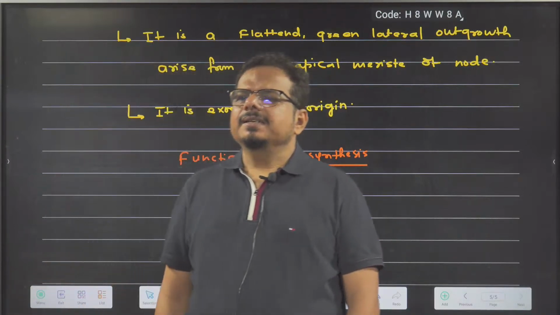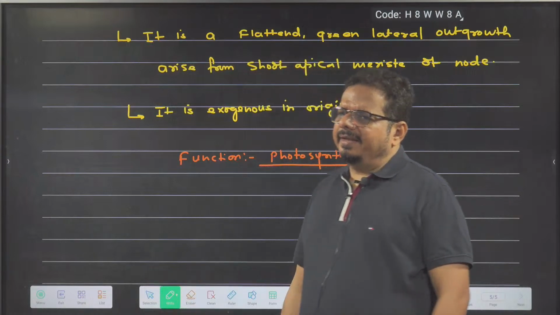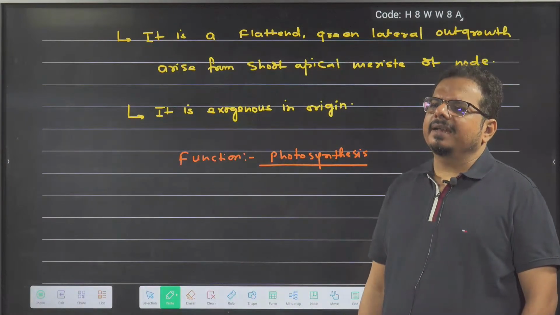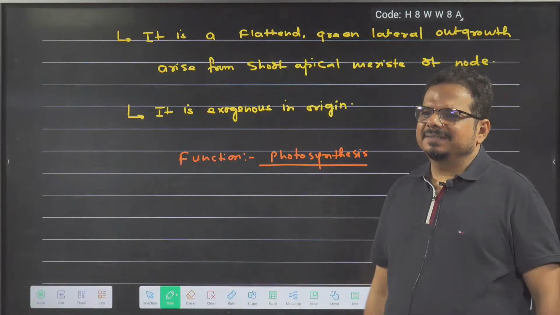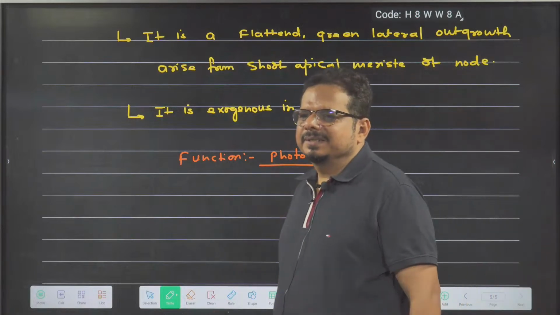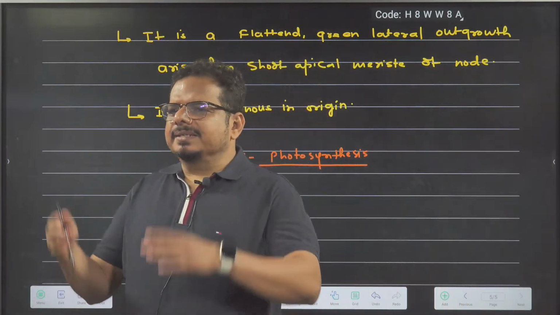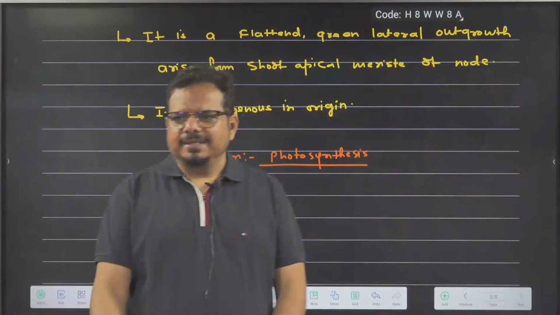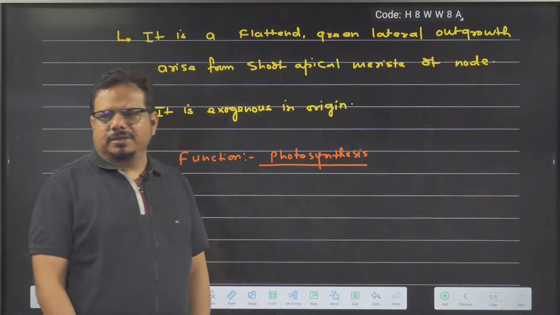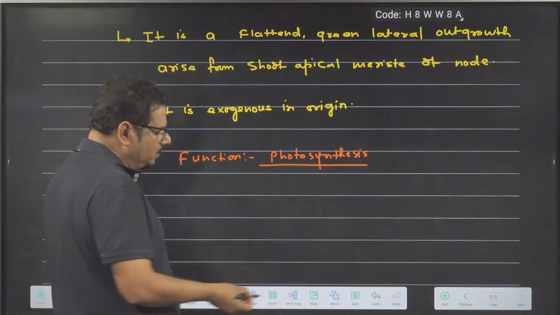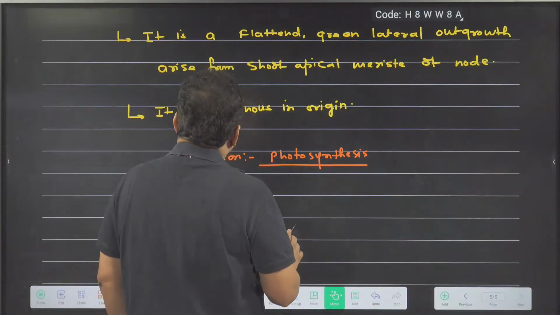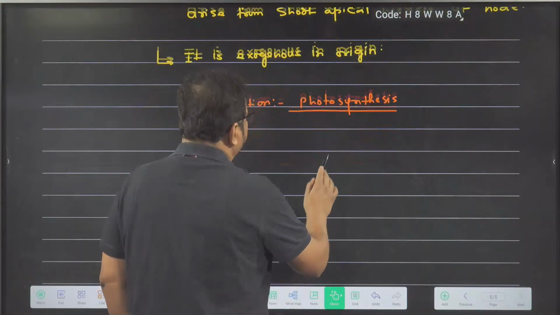Got the idea? Photosynthesis occurs in any green part of the plant, but in a tree, the main green part is what? Leaves. Even the stem is green, so it can perform photosynthesis, but the leaf is the major green part. So the main function is basically photosynthesis. Done. Now we are going to talk about the parts of the leaf.